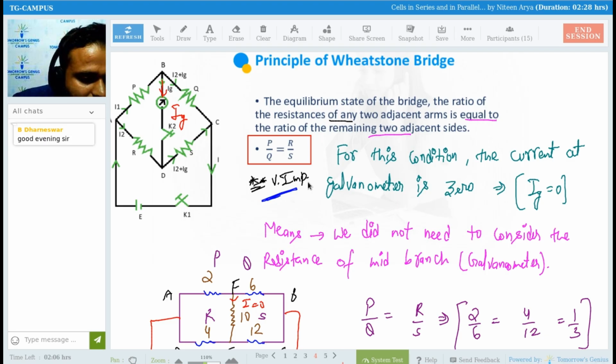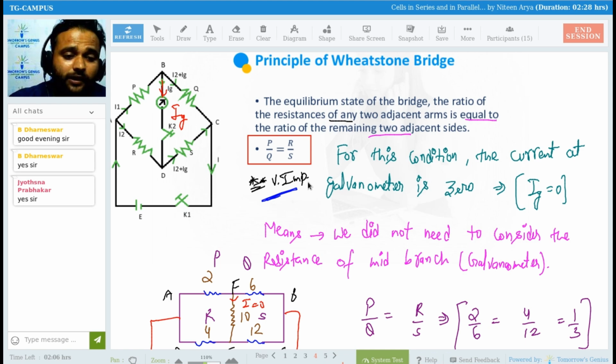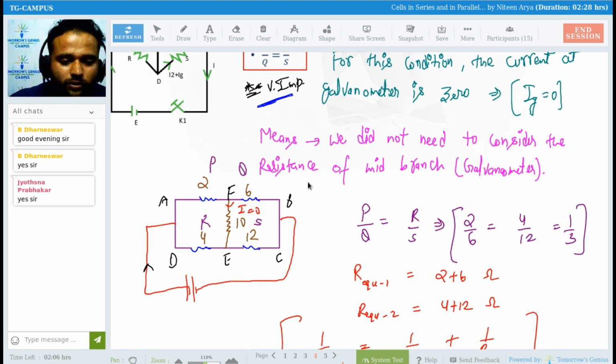So, sir, what is the case when IG is not 0? When IG is not 0, obviously this condition is not going to be fulfilled. Then we need to consider that the resistance in between participates in the whole combination.